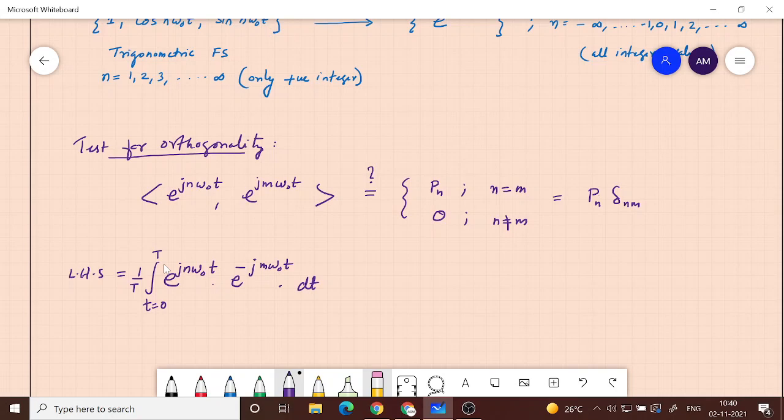That is the definition of the inner product. Again, I can write omega naught by 2 pi, then the integral from 0 to 2 pi by omega naught. I can combine the exponentials and write e raised to j n minus m omega naught t dt.